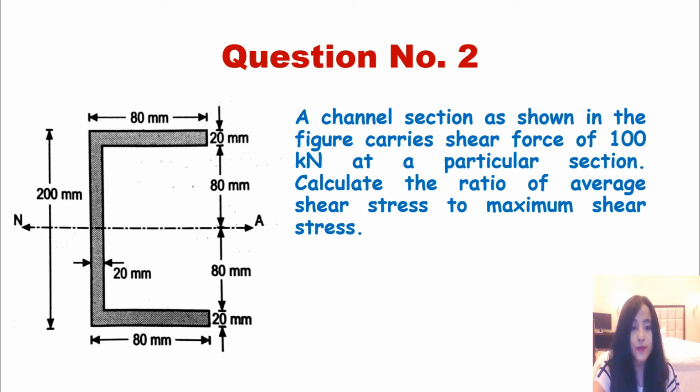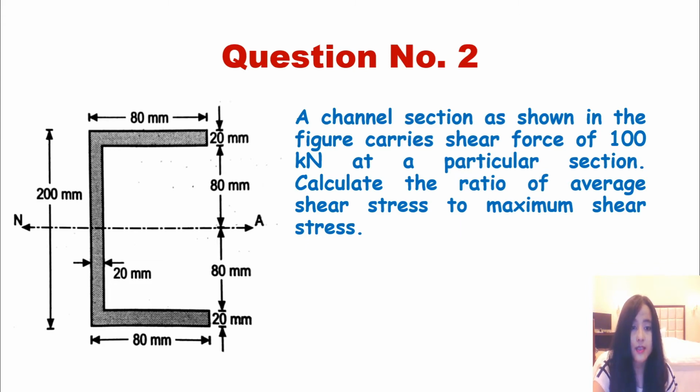Now here we need to find the ratio. So to find ratio, it is said that ratio of average shear stress to maximum shear stress. Okay, so let us see how we can find the ratio here. And to find the ratio, we need to find average shear stress and maximum shear stress. So ये ऐसे channel section के लिए average and maximum shear stress how we can find?